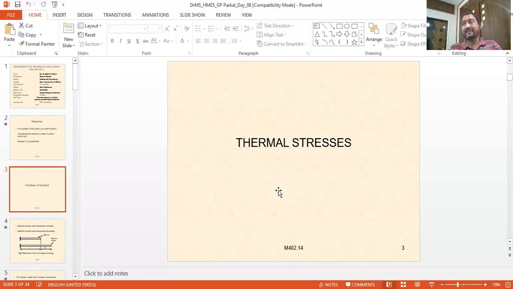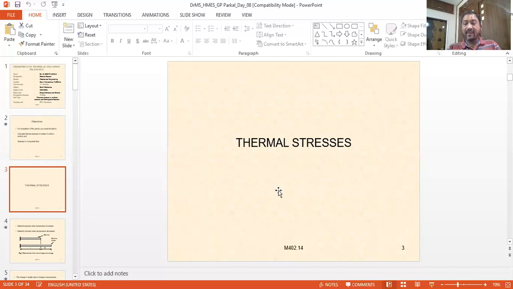The thermal stresses are nothing but the stresses induced in the bars when the free expansion or the contraction is avoided. Then those stresses are called the thermal stresses.